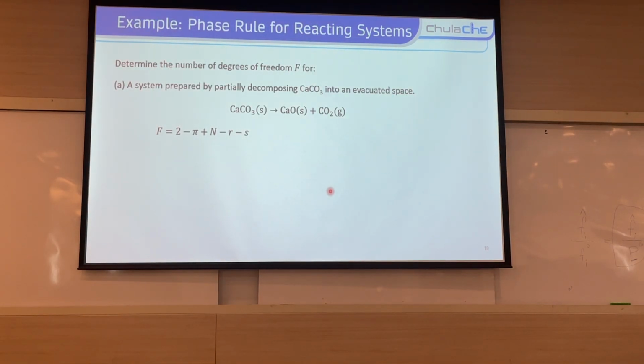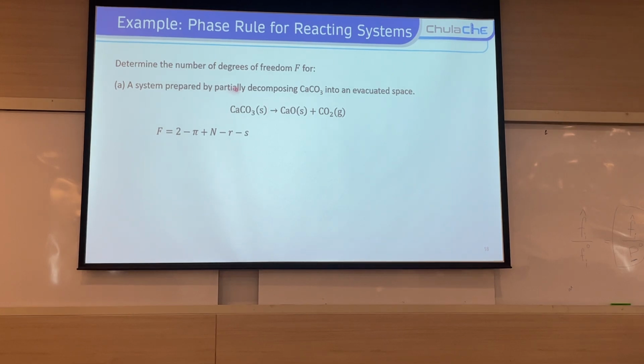So in the case that we have a chemical reaction, what happens with the degrees of freedom? For example, you have a system where the reaction of decomposing calcium carbonate occurs.